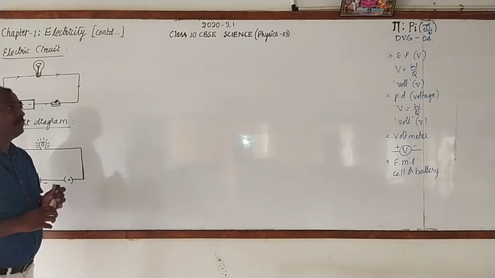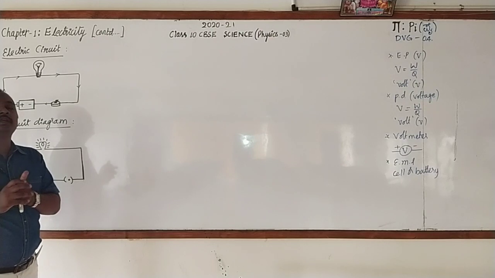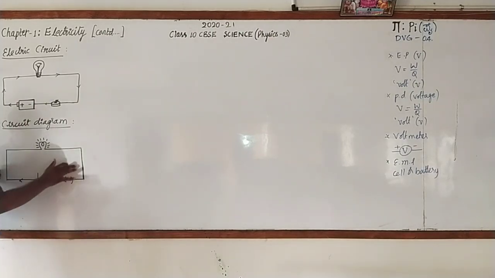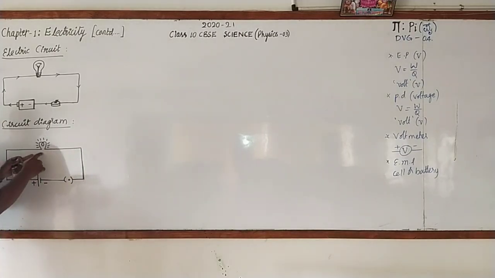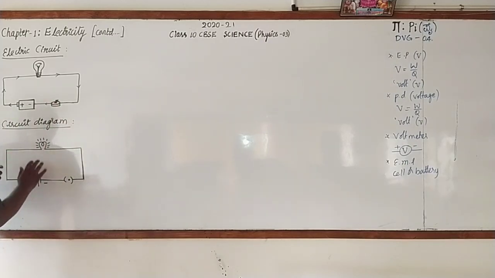Clear? But how are these electrical components connected? To indicate that, we have a diagram called a circuit diagram. Observe it. Here we have used circuit symbols for different electrical components. See that this is the symbol of an electric bulb, this is the symbol of a cell, and this is the symbol of a switch.